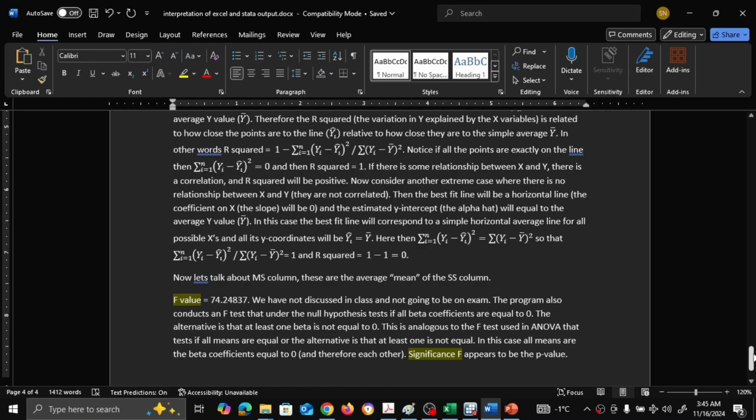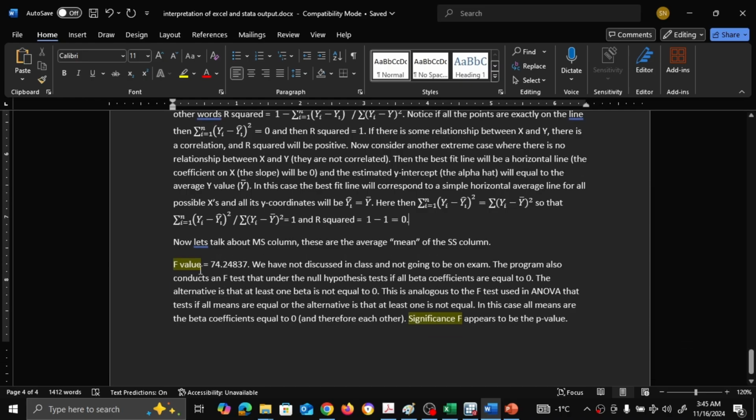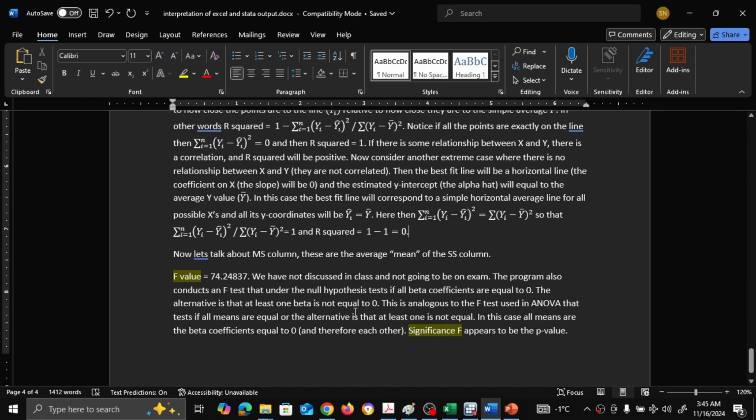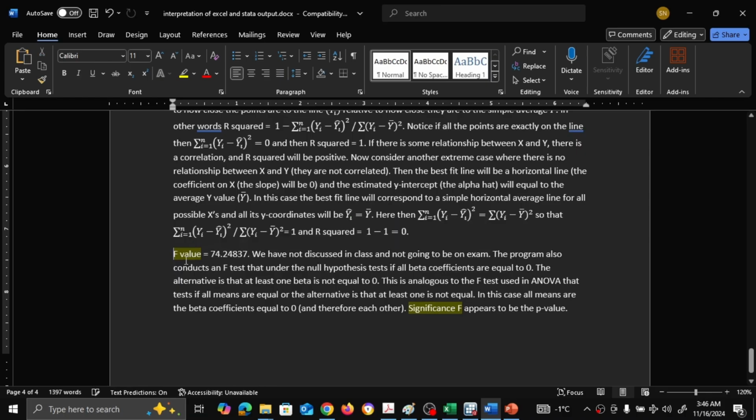Okay. Another thing that we haven't really covered in class is this f value, and you can see it in the regression. So this is the last topic here. We already talked about this one here. So this f value is 74.24.